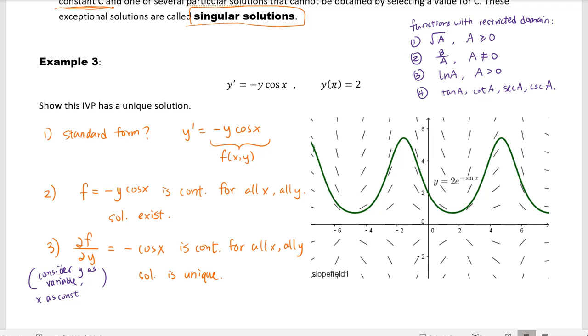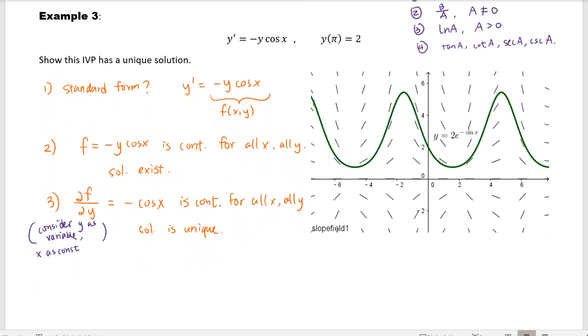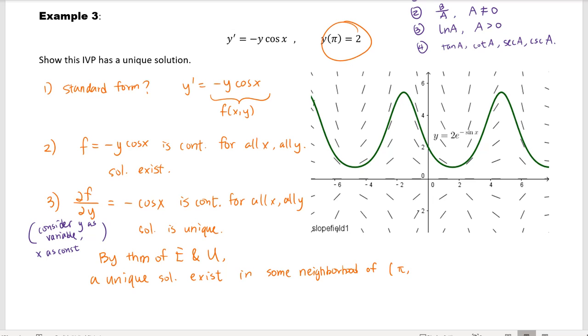When you combine these together, this is how you answer. You can say, by the theorem of existence and uniqueness, a unique solution exists in some neighborhood of the initial point, where x is pi and y is 2.